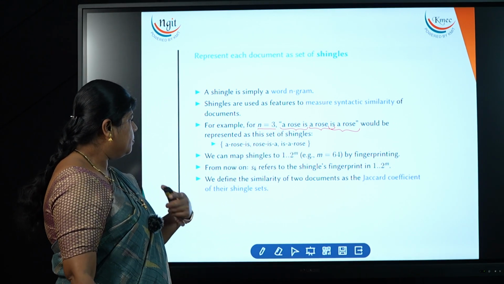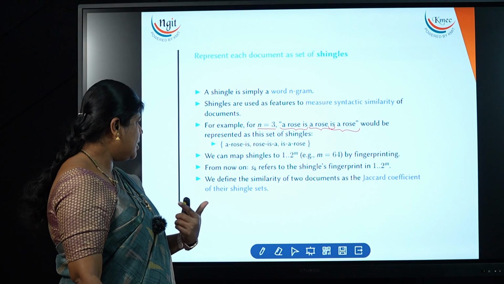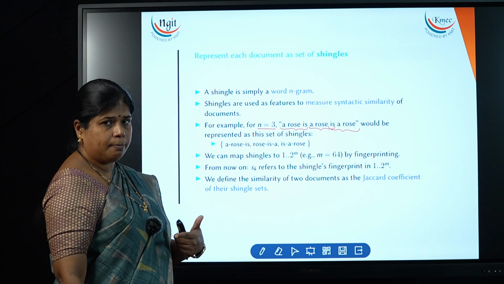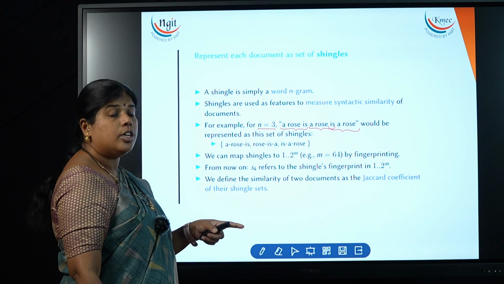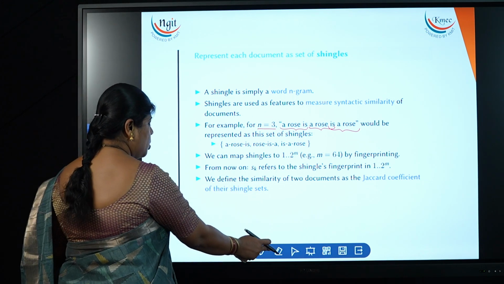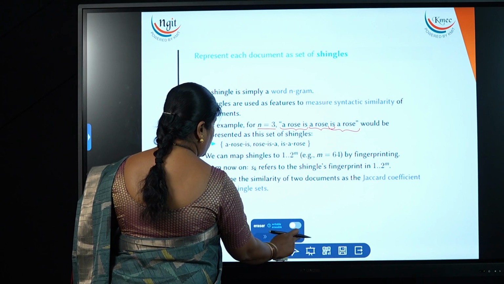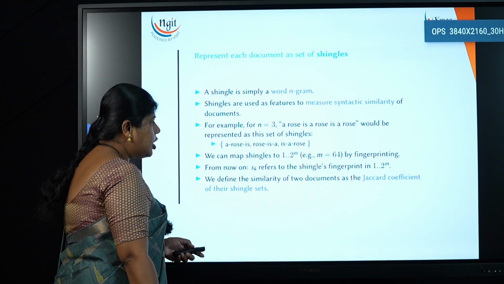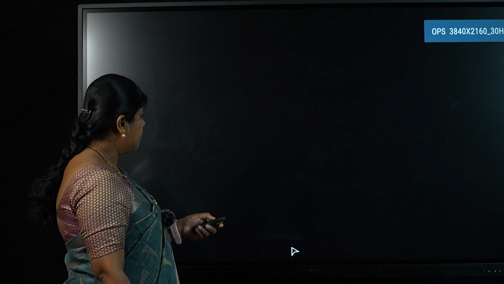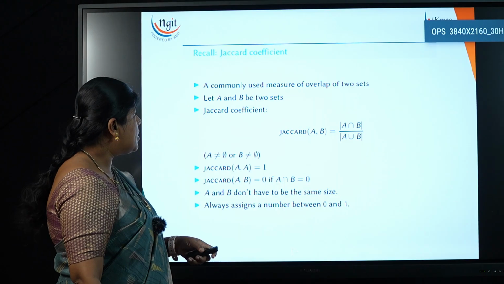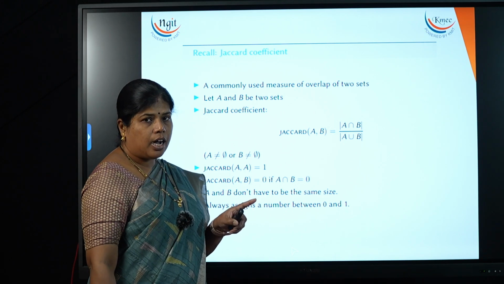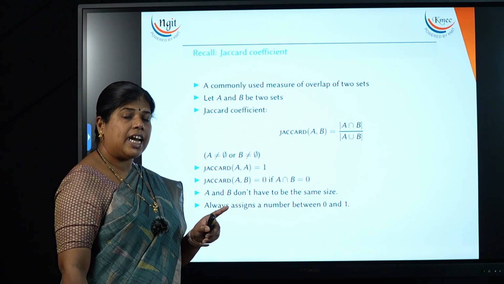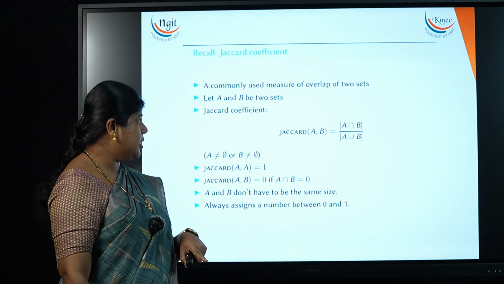Now, for finding the similarity between two documents using the shingles, I am using the Jaccard coefficient. What is the formula for the Jaccard coefficient? A and B are two sets, meaning two documents.